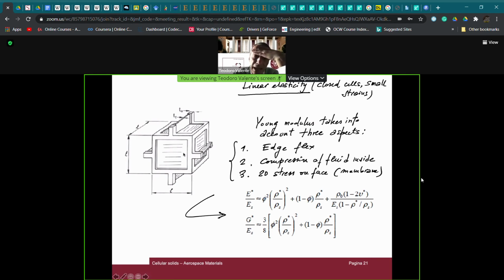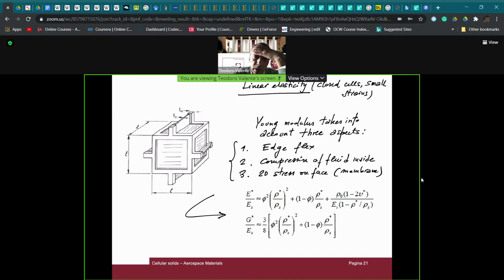But we do have also another effect that we cannot neglect, generally speaking, that is the fact that inside these closed cells we do have, for example, air.